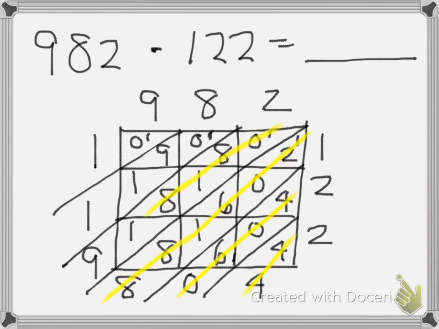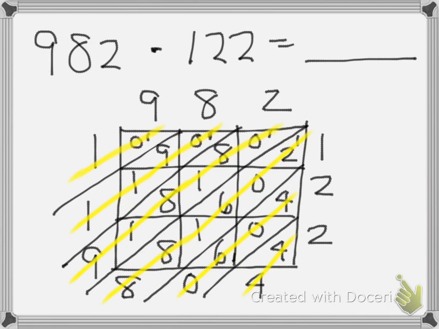Plus 8 is 18. Plus 1 is 19. Carry the 1. 1 plus 0 plus 9 is 10. Plus 1 is 11. Carry the 1. 1 plus 0 equals 1.